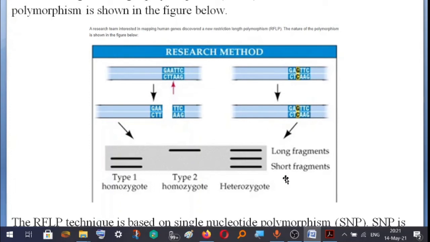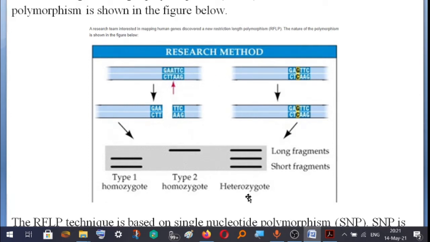So in case of heterozygous, the one gene has this SNP, whereas the other gene doesn't have the SNP, just like this one.